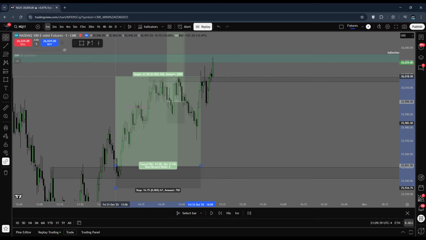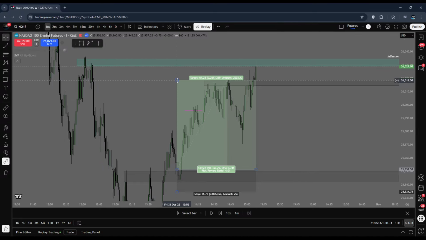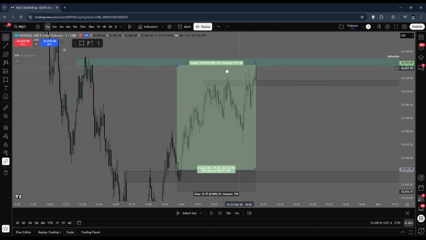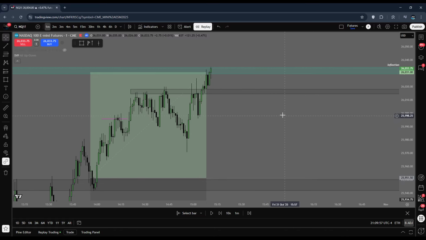Take another partial, through strength in the wick, and then the final target would be this inflection. Not even inflection, but you can see that huge candle up. Take your partial inside the zone. And then yeah, it's pretty simple.